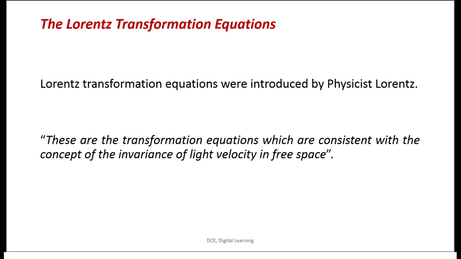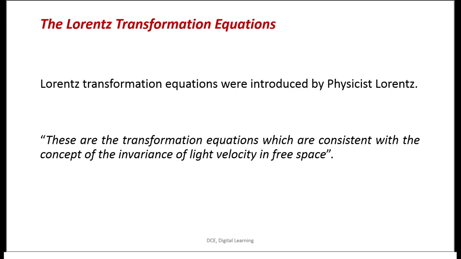These are the transformation equations which are consistent with the concept of the invariance of light velocity in free space, whereas the Galilean transformation equations are inconsistent with the invariance of light velocity, because we can add or subtract some velocities from the velocity of light in Galilean transformation equations.